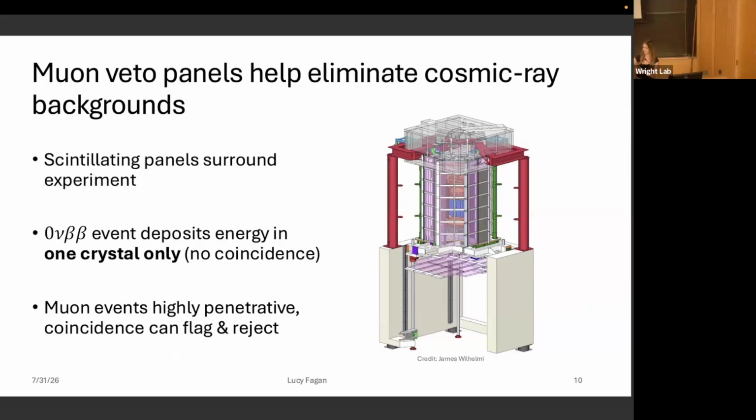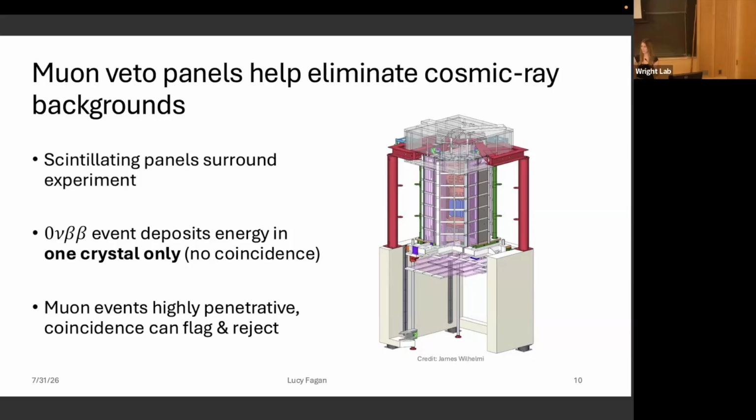It comprises an octagon-shaped setup where we will place scintillating panels around the experiment. And the reason why this setup works is because a neutrinoless double beta decay event will deposit all of its energy into one crystal. And so there's no coincidence, which means it happens just in one crystal.